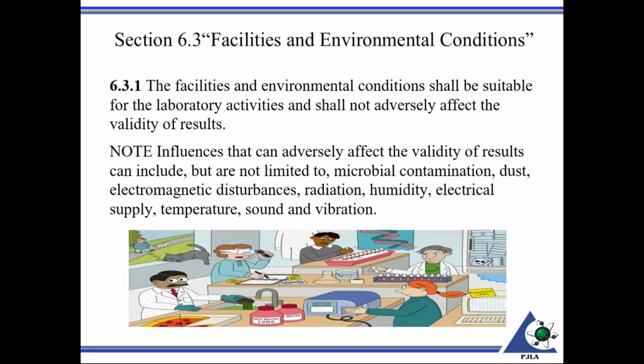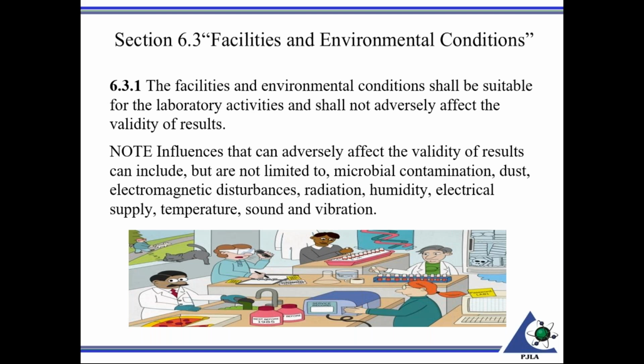So looking right at the requirements, pretty self-explanatory here under facilities and environmental conditions. The facilities and environmental conditions shall be suitable for the laboratory activities and shall not adversely affect stability of results. So we have a couple shalls in there. As you know, shalls are requirements. So what are we referring to here? Things that can be looked at.